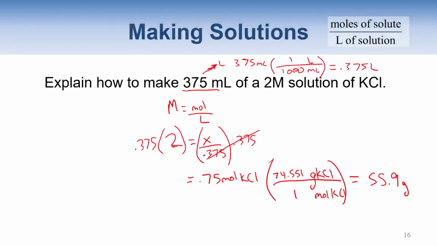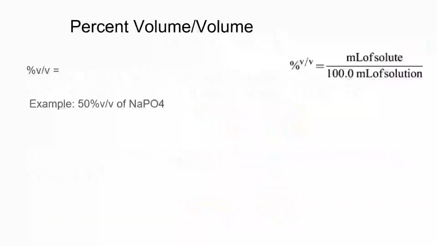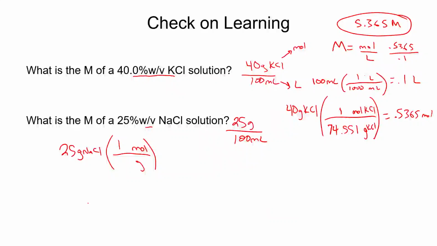Just going back to get that mass of NaCl, 58.443 grams. So now we're going to multiply across the top, divide away the bottom. 25 divided by 58.443 is 0.428 moles.